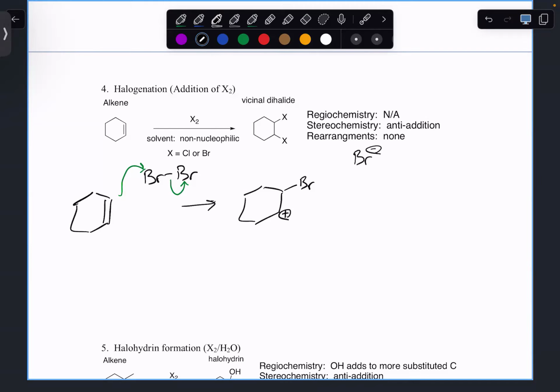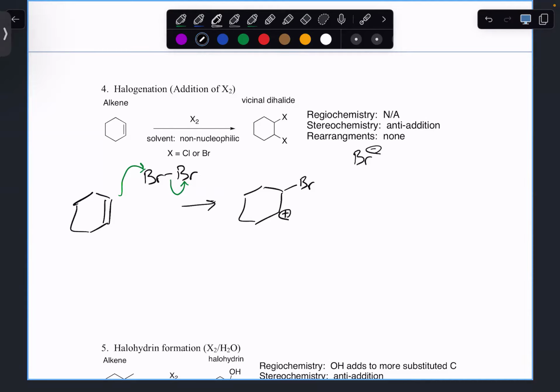Okay. Now, this is going to be a little bit different from what we've seen previously. We saw something kind of similar when we did the hydrohalogenation, right? When the pi electrons attacked the proton of HBr, you formed a structure kind of like this, except instead of Br here, it was an H here.